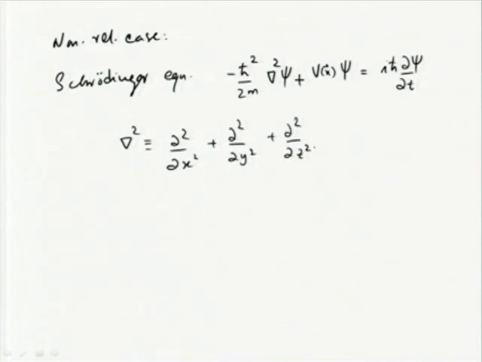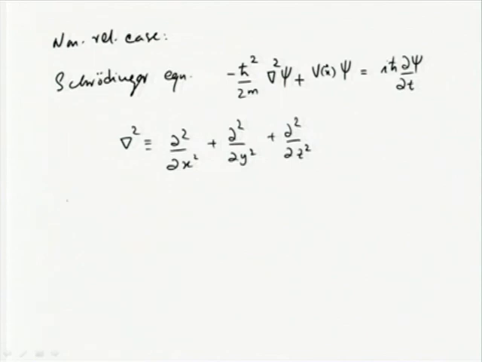So, the operator with the partial derivative with respect to the position coordinates is quadratic, second order, while the right hand side of the Schrodinger equation tells us that the time derivative is first order.